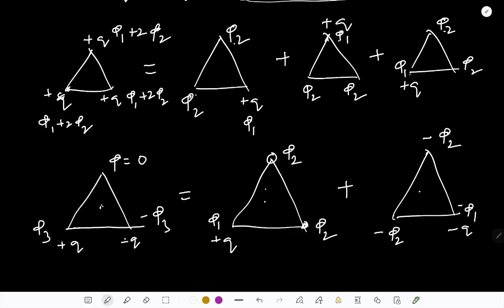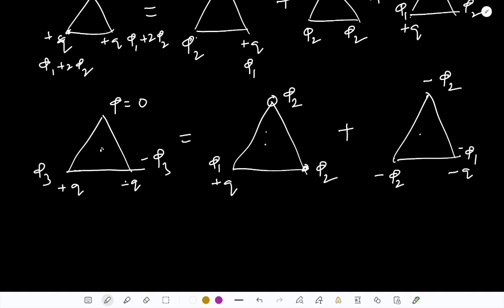If you compare them, you can write a simple equation for phi 3. I'm not calculating phi 3, I'm simply comparing them. This phi 3 can be written as phi 1 minus phi 2.